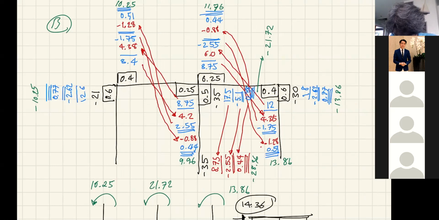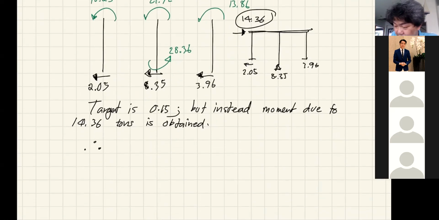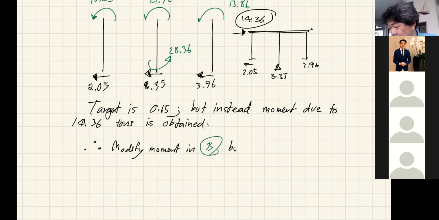Therefore, we need to modify the moment in step B by, because we want 0.15, right? It has to be 0.15 over 14.36.